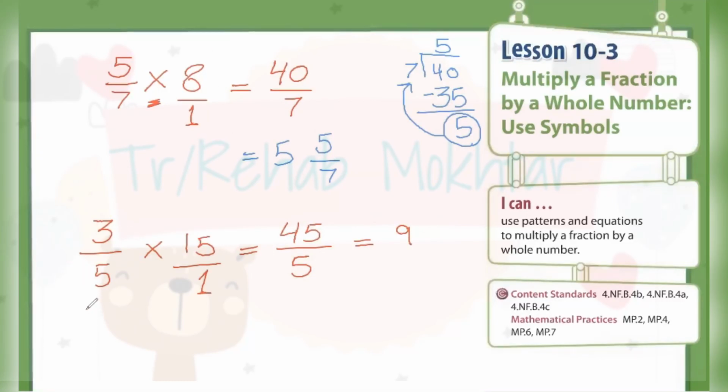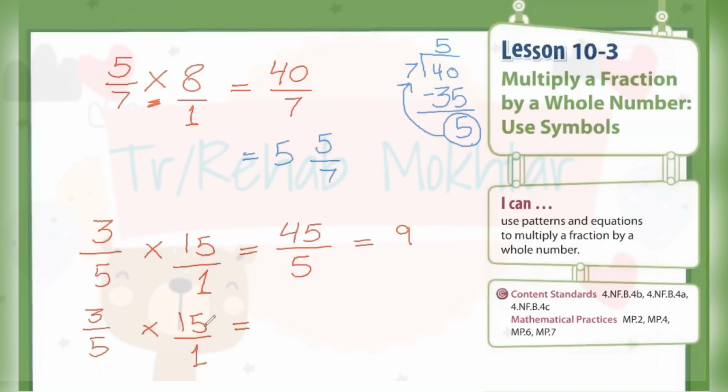Yes. I will write 3 out of 5 times 15 out of 1. As we know, I can simplify a numerator with one of the denominators and the other numerator with the other denominator. Is there any common factor between 3 and 5 or 3 and 1?